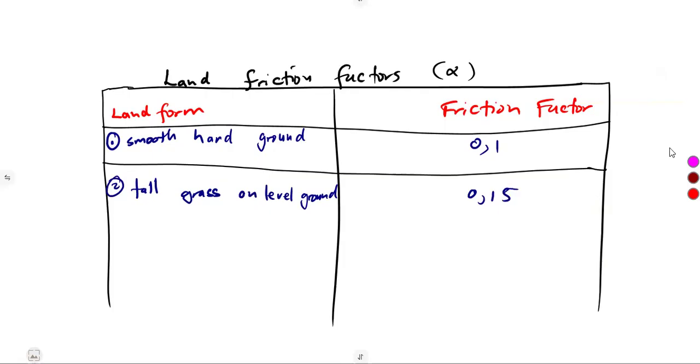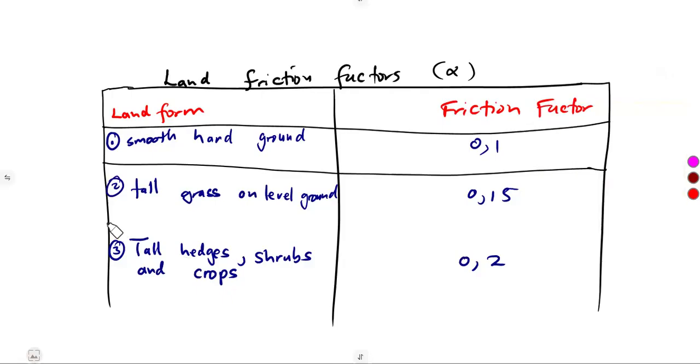Then we also consider, number 3, where we've got tall hedges, and we have some shrubs there and some crops. In that case, we can use 0.2 as our friction factor.